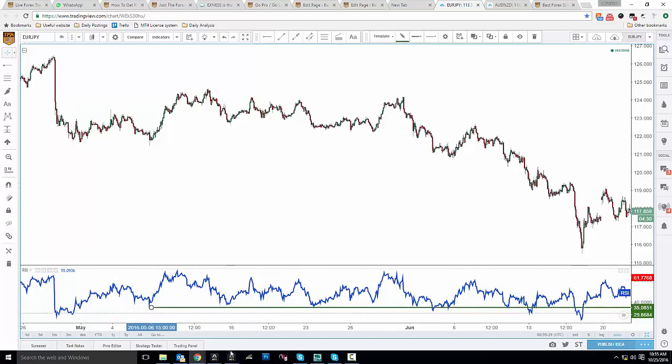Yeah, this horizontal support line. How this works here, I'll highlight to you. This is the 35% support. It's not a standard 30% support.